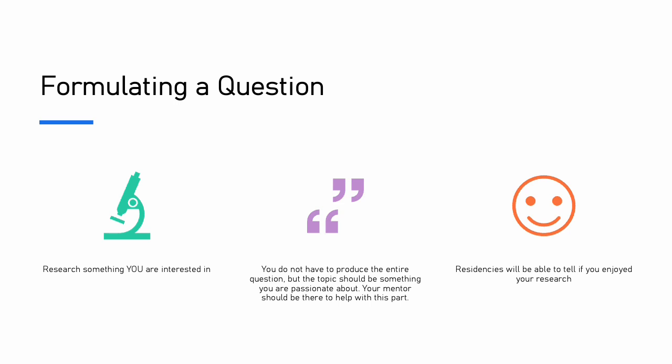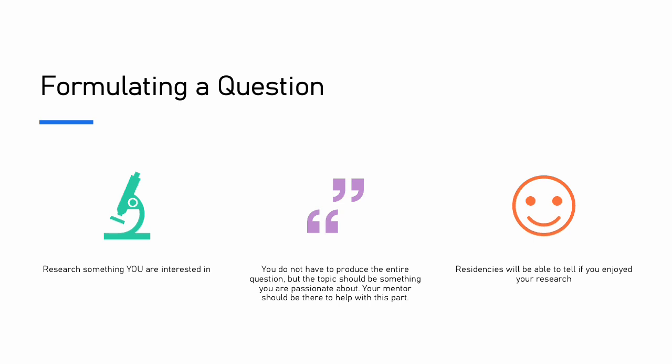So the first step in a retrospective chart review is formulating a question. It is crucially important that you research something that you are interested in, not necessarily what your mentor is interested in. And you don't have to produce the entire clinical question on your own. Your mentor should guide you through getting the actual clinical question, but the question itself should be based on something that you enjoy.